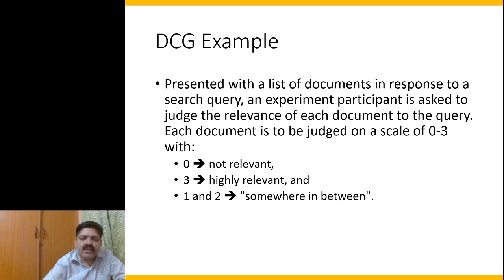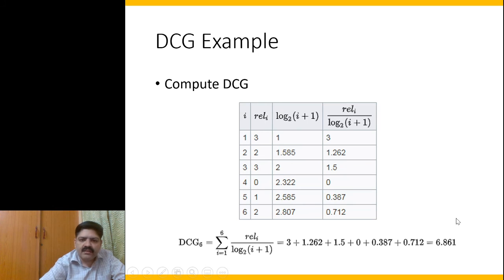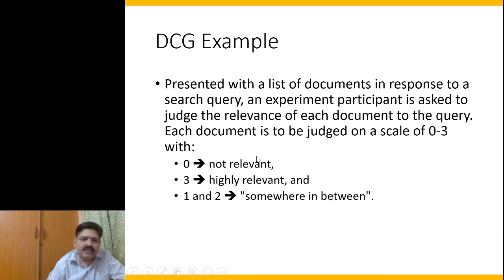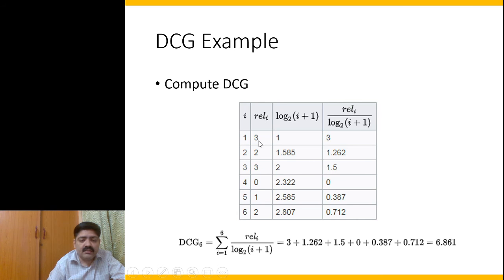So let's assume that we are given a search system which returns 6 documents, and the first document that my search system returned is at relevance level 3. And what is relevance level 3? It's highly relevant, so I'm happy that I got a highly relevant document out.